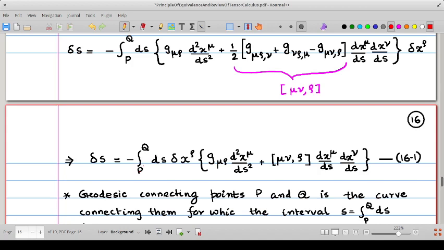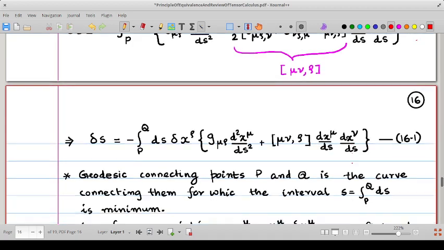So when we do that, we will have minus integral from P to Q over ds. Now this factor of delta x rho, that is over here, times this whole factor g mu rho d square x mu by ds square plus the Christoffel symbol of first kind mu nu comma rho times dx mu by ds times dx nu by ds.